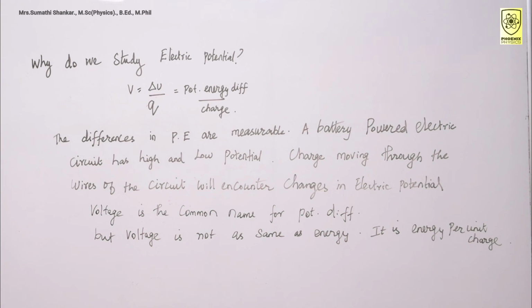But voltage is not the same as energy; here it is energy per unit charge. The motion of objects using the concept of potential or potential energy is simpler than that using the concept of electric field. That is why we are studying the electric potential term.